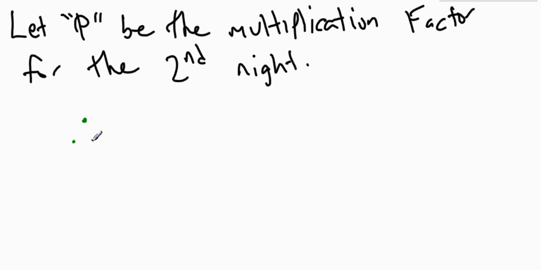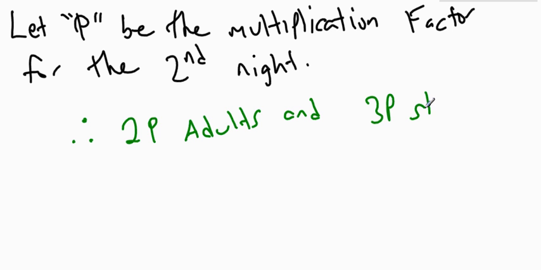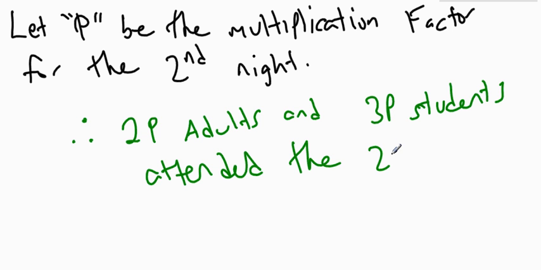Well, it means therefore 2P adults and 3P students attended the second night. Because again, the original ratio was 2 to 3, so now it's 2P to 3P as values.